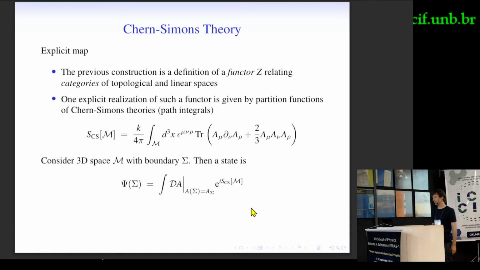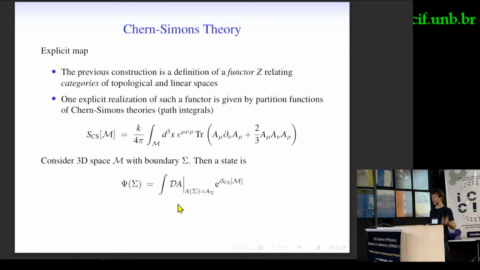In particular, if we start with the Chern-Simons theory, we can compute the state in this theory as a path integral, where you take the integral over all configurations with fixed boundary conditions on a given Cauchy slice. You can again think of this theory on sigma times S1.